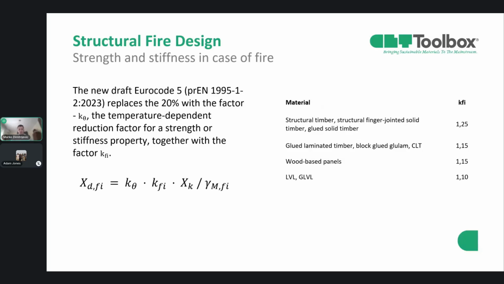The new draft Eurocode 5 replaces the 20% quantile with a factor k_theta, the temperature-dependent reduction factor for strength or stiffness property, and together they are used in this equation with the same k_fi factor, which is in this case defined for different categories. So we have 1.25 defined for structural timber, finger joints, solid timber, and glued solid timber, also 1.15 for both glued laminated timber, block glulam, and CLT, 1.50 for wood-based panels, and 1.10 for LVL.